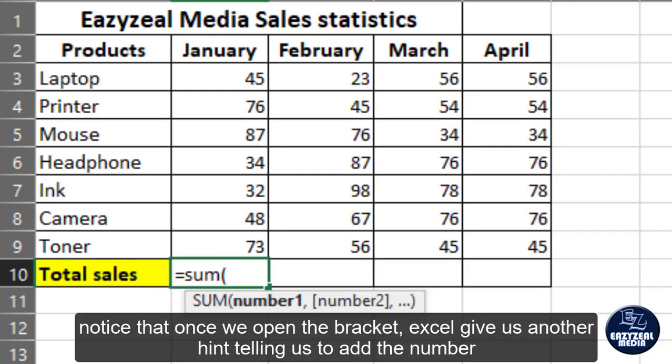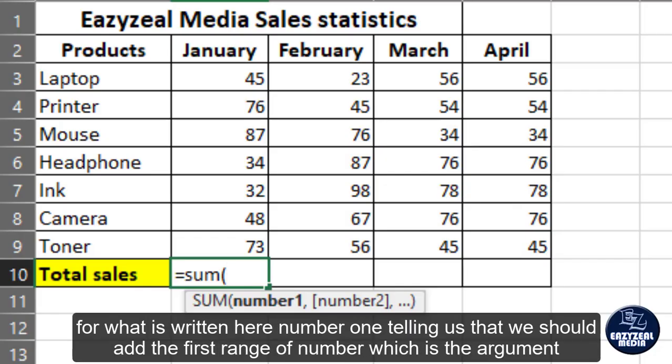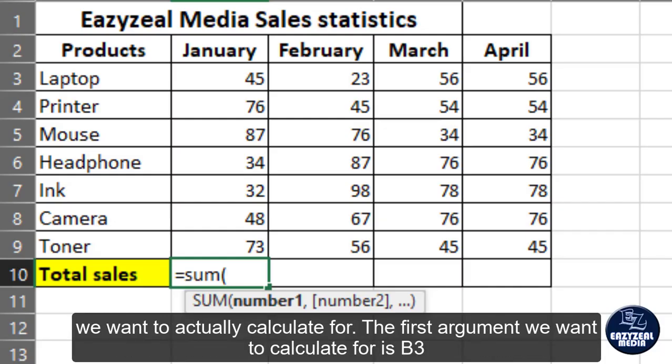Notice that once we open up a bracket, Excel gives us another hint, number 1, telling us that we should add the first number, which is the argument that we want to calculate. The first argument we want to calculate is B3.